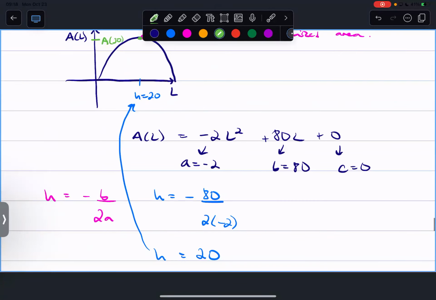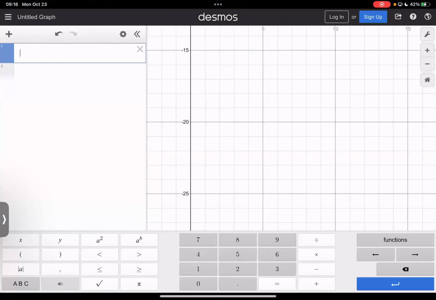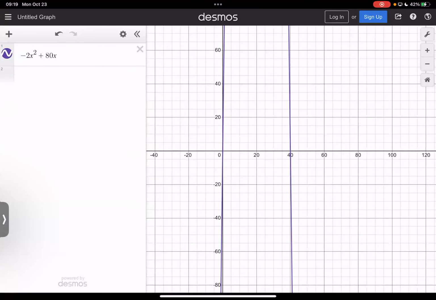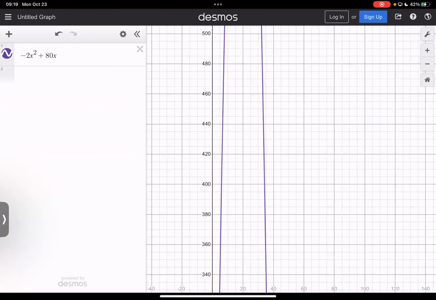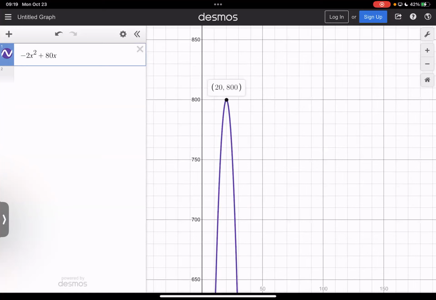So here, A of 20 equals 800. We can confirm it by graphing: negative 2x squared, because the x is just the L, plus 80x. I'm going to have to zoom out a lot, because I know that the vertex is at 20, 800.